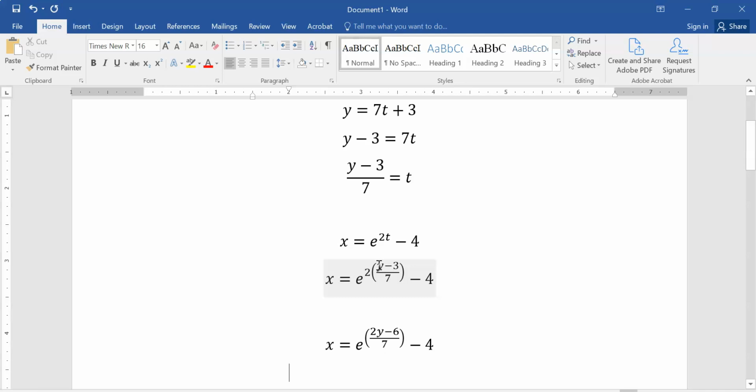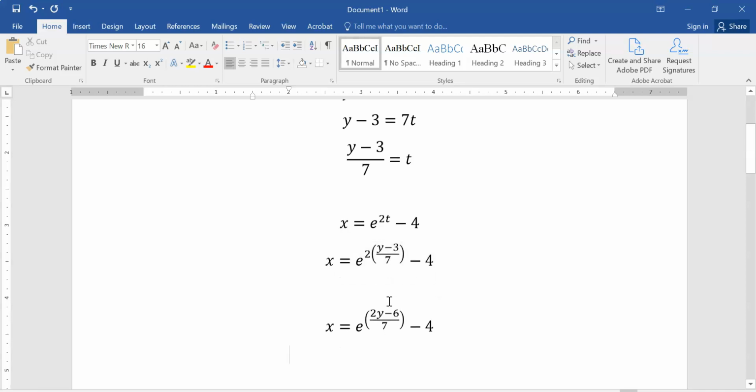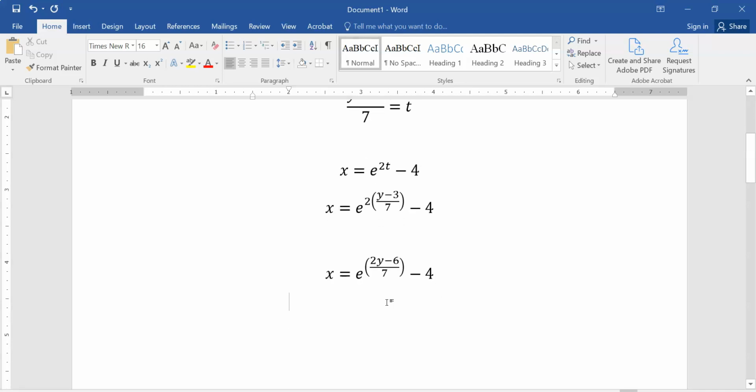I distributed that 2 in, and you get e to the power 2y minus 6 divided by 7, minus 4. Again, this is kind of an ugly equation, but it's still an equation in rectangular form. So there you go, and that's fine.